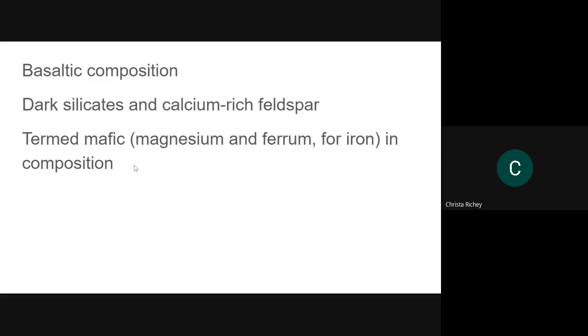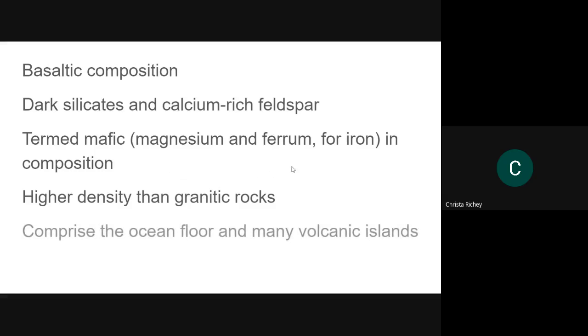Much, much, much denser. They're going to find more calcium present in these, especially deeper down when you're getting towards olivine. And these are going to make up your ocean crust, your oceanic lithosphere, your oceanic plates. And they also can make up your volcanic islands.